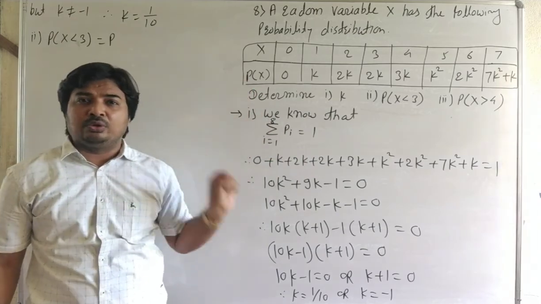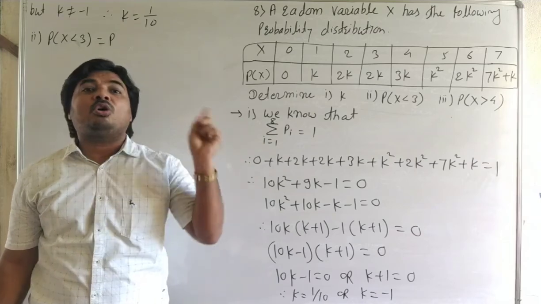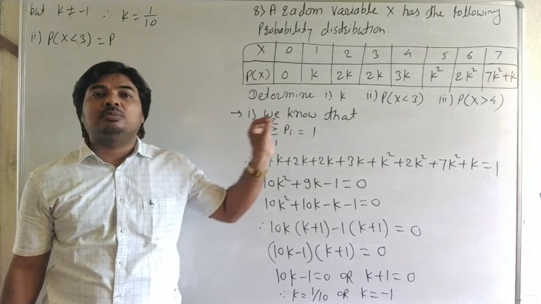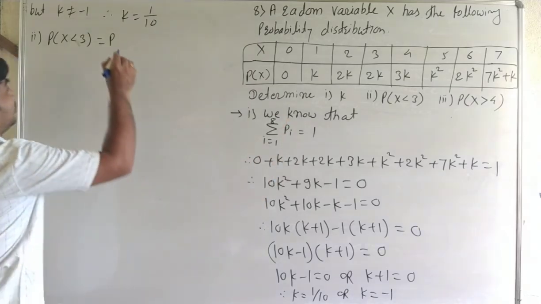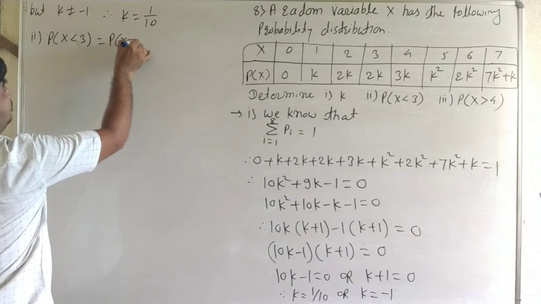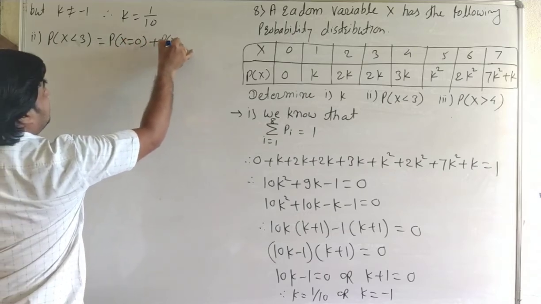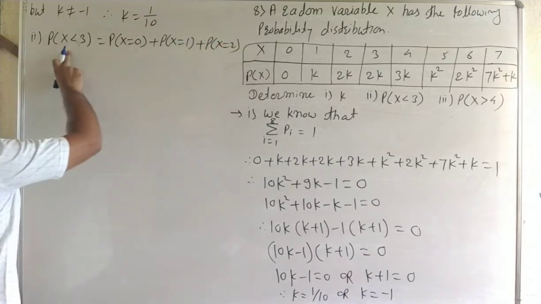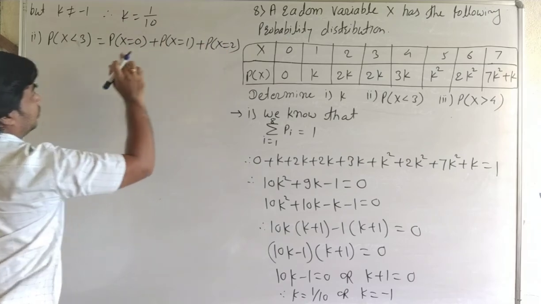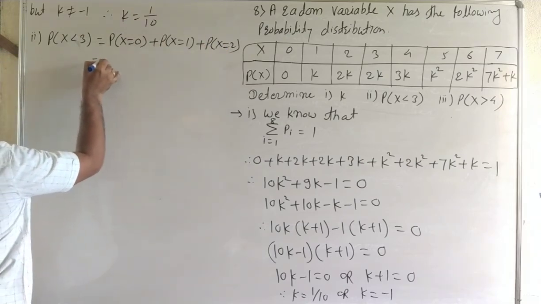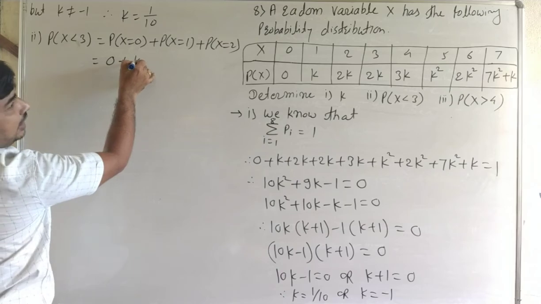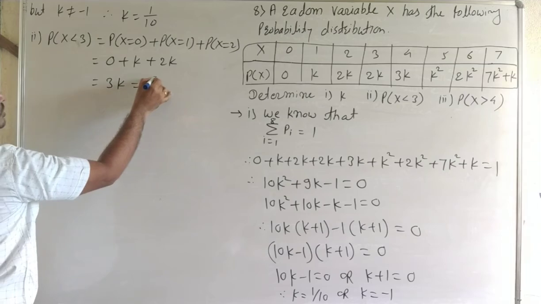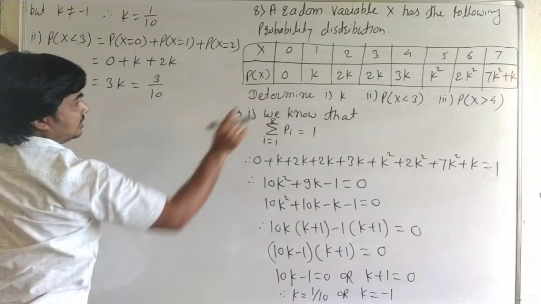Here x takes values 0 or 1 or 2 because x is less than 3, and there is an 'or', so we take the addition of the probabilities. Therefore probability of x is equal to 0 plus probability of x is equal to 1 plus probability of x is equal to 2. Then 0 plus k plus 2k, it is 3k, and 3k means 3 by 10. It is the answer to the second.